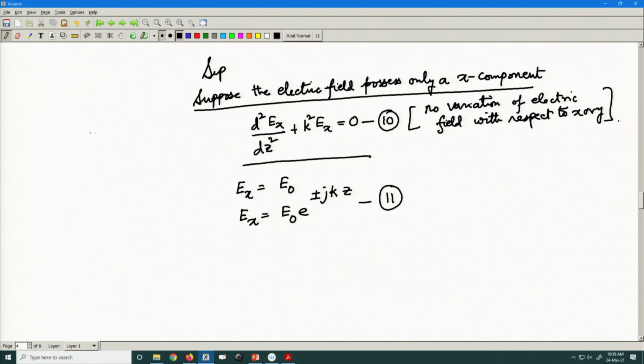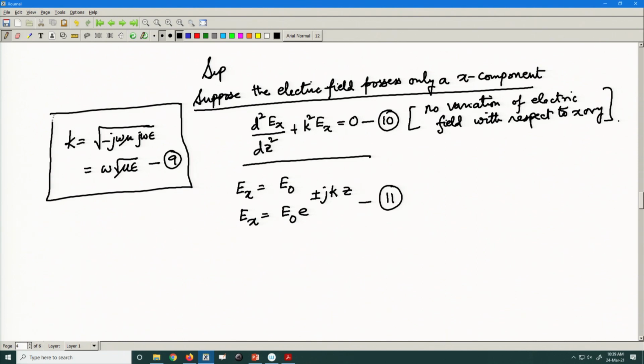The variation of the wave number, as I said, is root of minus j omega epsilon times j omega mu, that is minus z cap y cap, that is equal to omega root mu epsilon. That can be given the name 9.